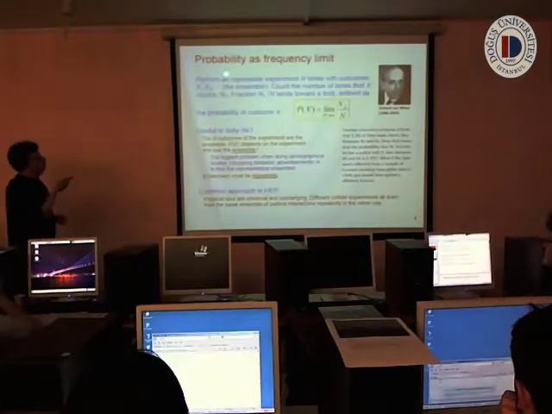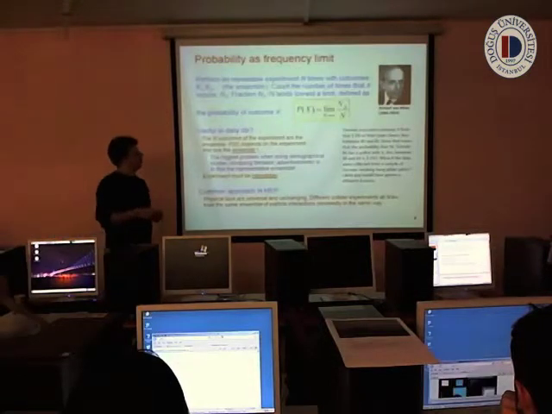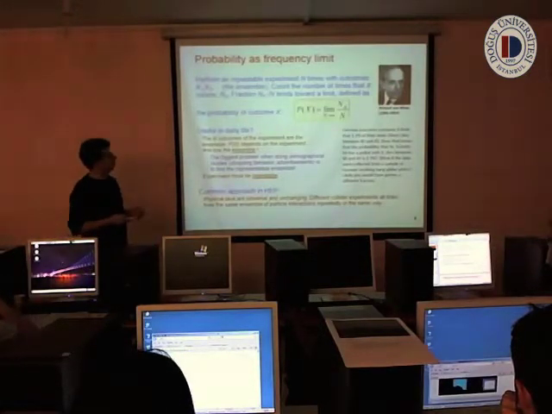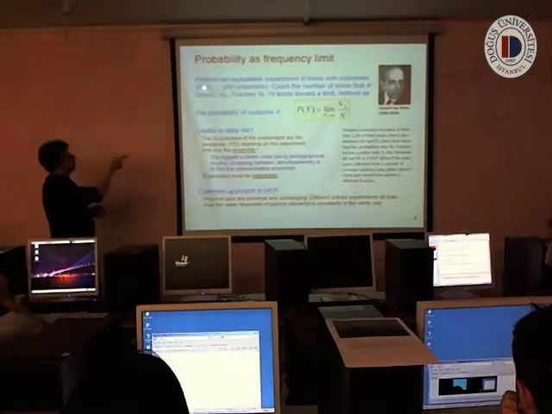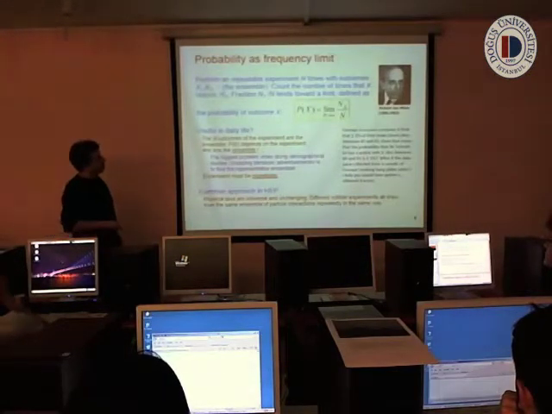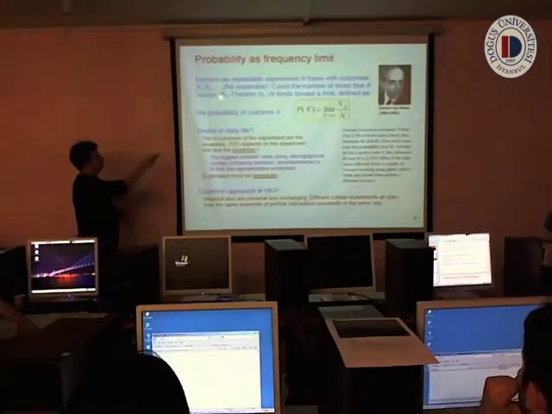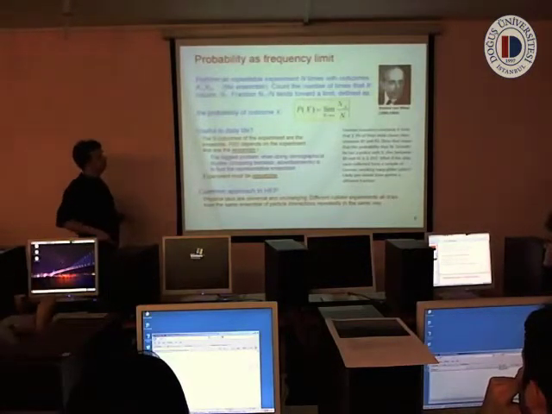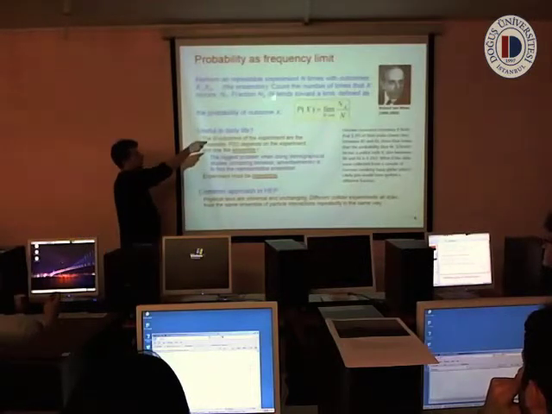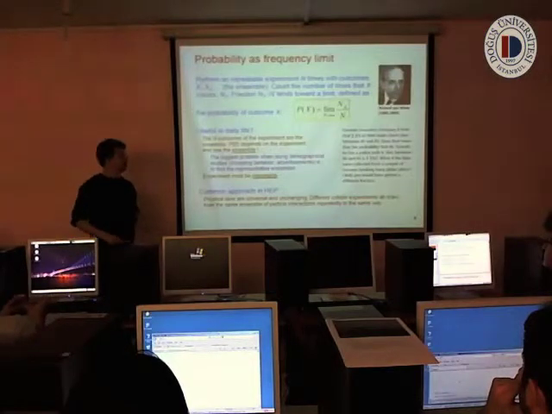The first one is probability as a frequency limit. You perform a repeatable experiment n times, with n outcomes, you test the ensemble, and you count the number of times that a certain event x occurs, and it occurs nx times. Then this fraction nx over n, how often my event happens out of all events, tends toward a limit, toward a fixed number.